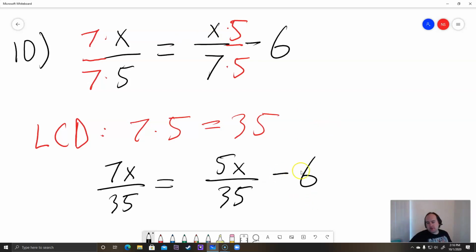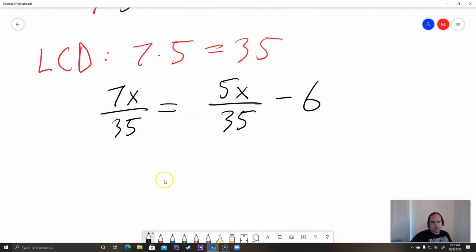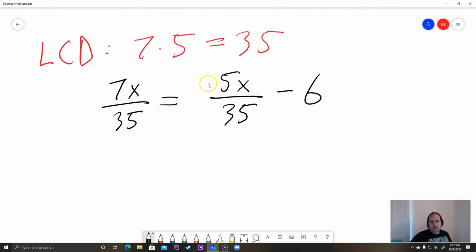Now you don't need to build the 6 to 35 because it's not going to be combining with the x's. But I did have to build the x's to the same denominator because they're like terms, and in order to combine them, they have to have the same denominator. So that's why I only built these two to 35, but not this one. To finish this problem, we need to get all the x's on one side.